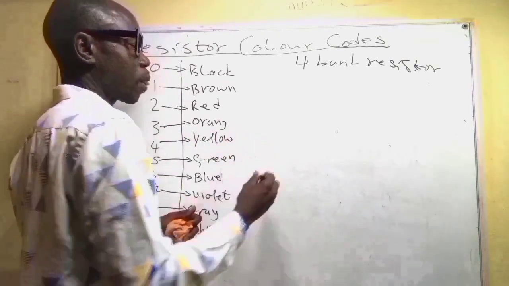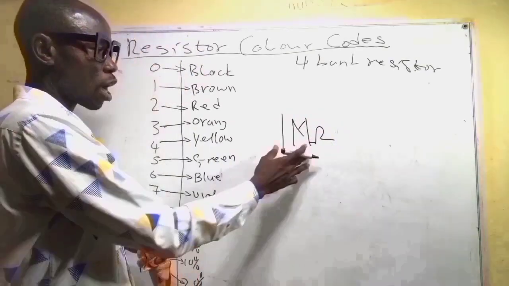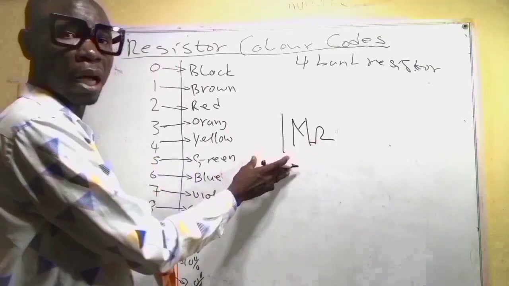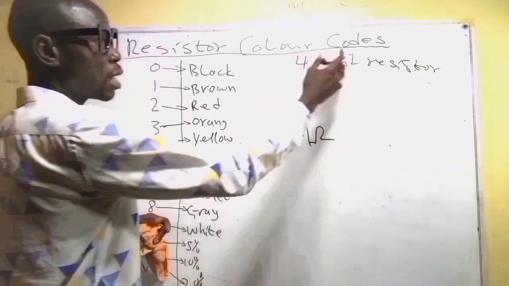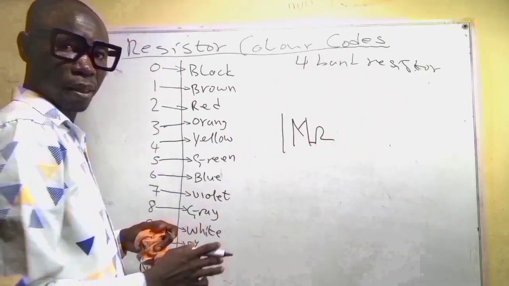Let's say we have a 1 mega ohm resistor. Because we are dealing with the 4 band, this is a 4 band resistor.